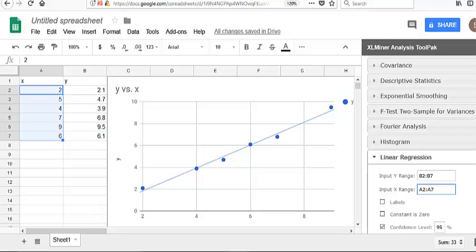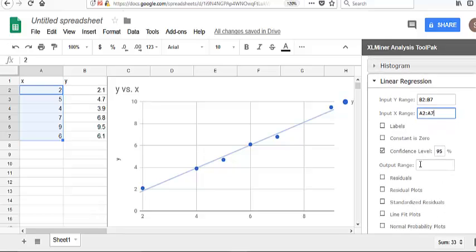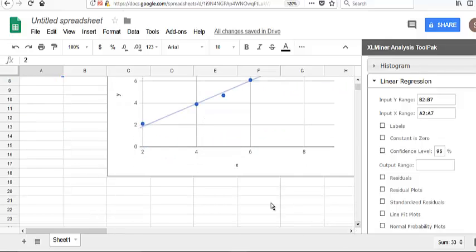And then we have a couple of choices to make. The confidence level, I'm going to take that out of there. Output range. So I'm going to put the output below the graph here. So we'll click on there and we'll put the output range there. Well, I don't think we have to do anything else.